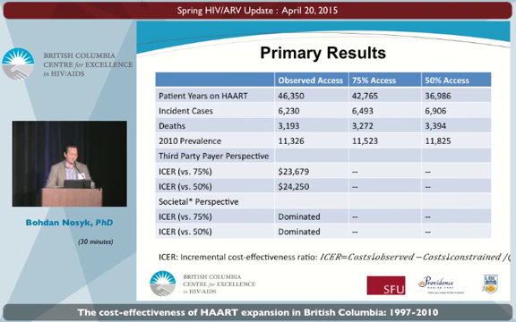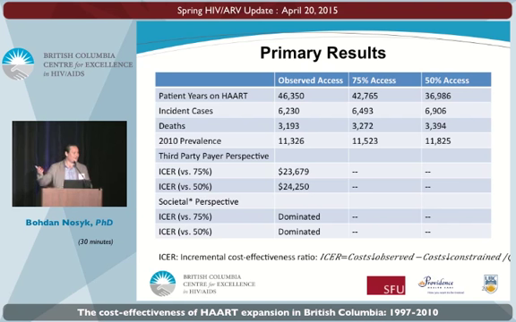So the number there, 23,000, compares to a pretty wide consensus on what an acceptable threshold is for a cost per quality gained, which is 1 times GDP per capita. If you're below 1 times GDP per capita, you can consider your intervention as being highly cost effective. If you're below 3 times GDP per capita, you're still cost effective.